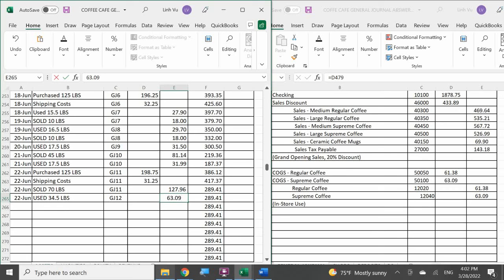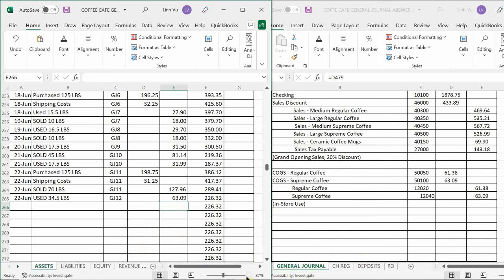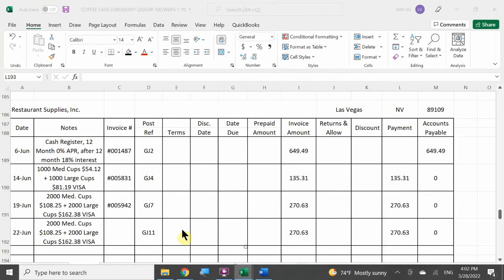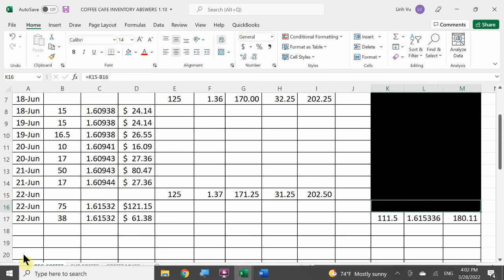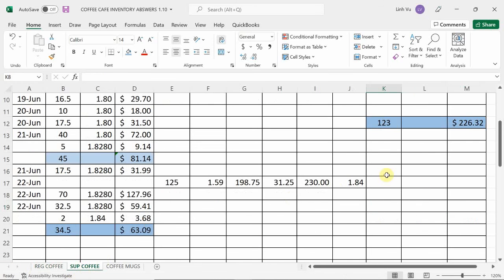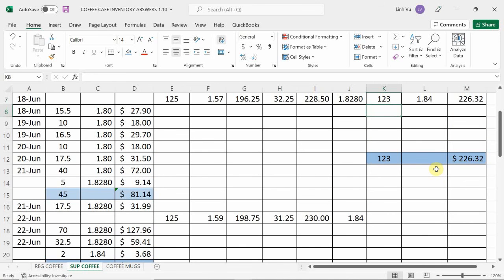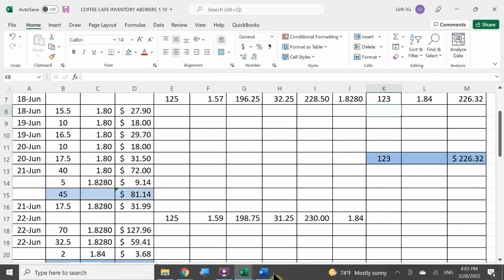So what should my ending inventory be for my Supreme coffee? $226.32. And does that match my inventory worksheet? Yes, it does. I hit the wrong one. My inventory worksheet for Supreme coffee. Yes, I am at $226.32. Right? All right, good job, guys.